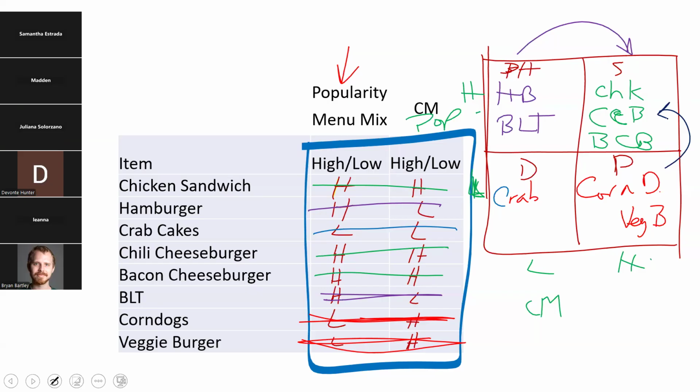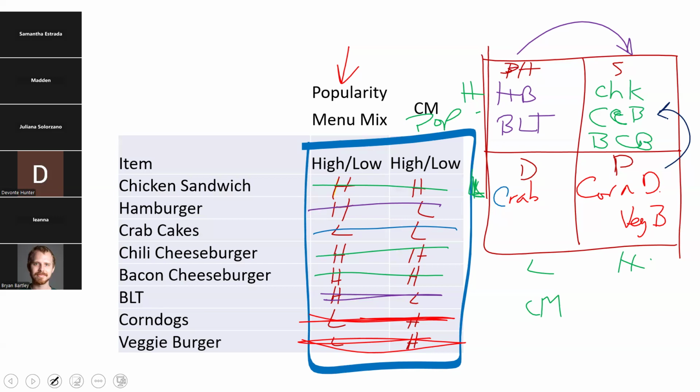A BLT. How many of y'all like BLTs? Anybody? Cool. When I make my BLT, there's like 8 pieces of bacon, right? I want to see a big old chunk of bacon and then some lettuce and tomatoes. Most places when you order a BLT, it's like lettuce, tomato, and bacon, like 3, 4 strips of bacon.